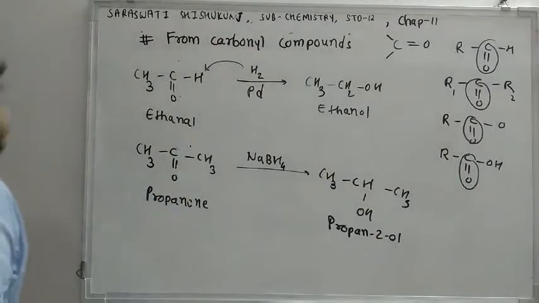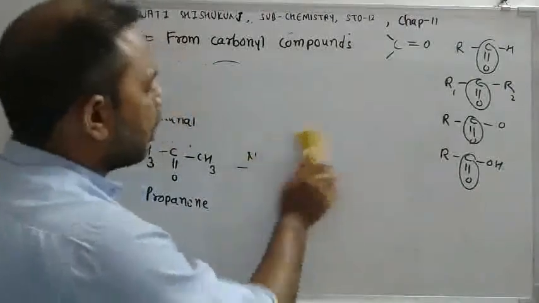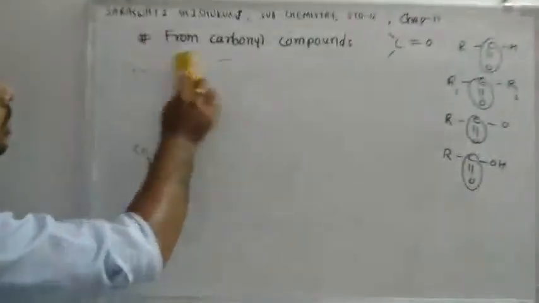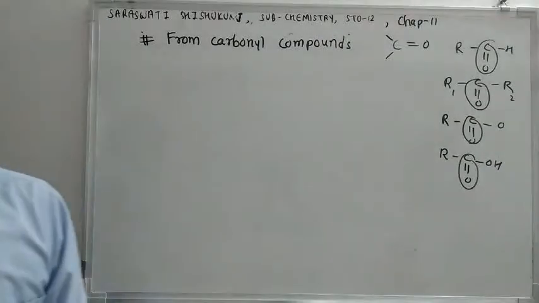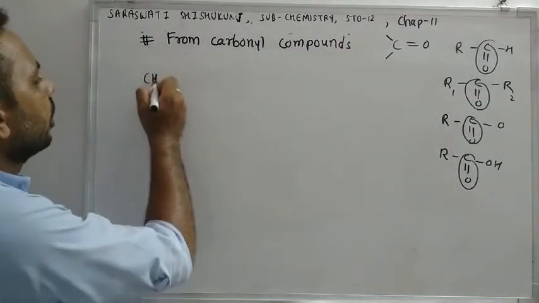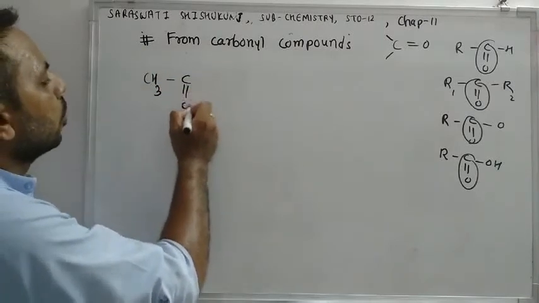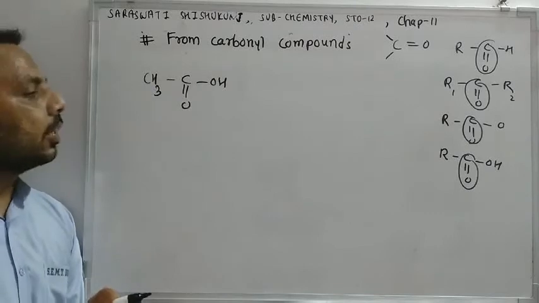Now we'll discuss preparation of alcohol from carboxylic acid and from ester. The next reaction is reduction of carboxylic acid. Let's say we have CH3C double bond OH. This is acetic acid or ethanoic acid.